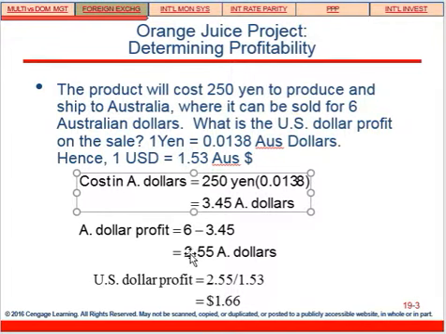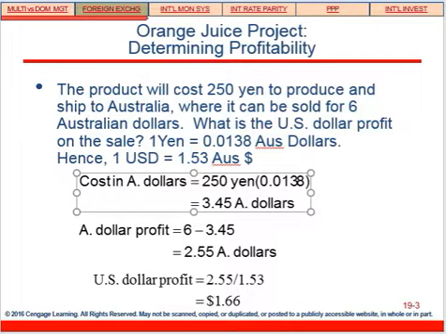We just need to divide 2.55 by 1.53 to find that our USD profit on a given unit is $1.66 USD.